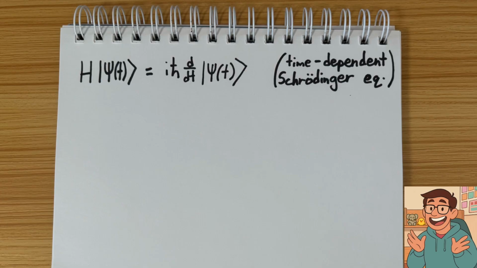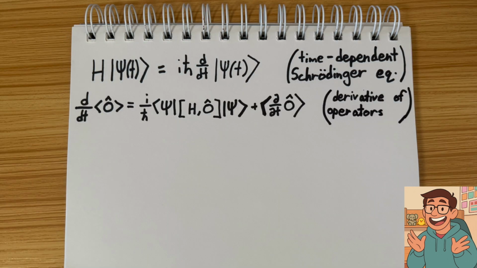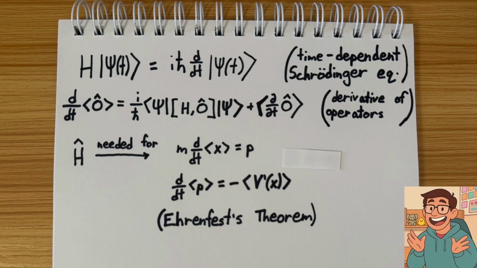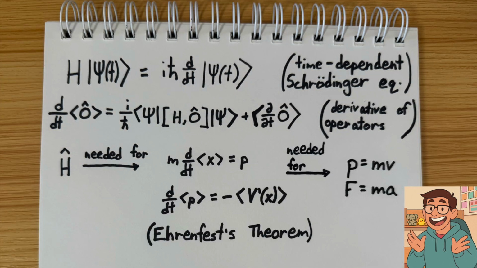The Hamiltonian shows up in a bunch of crucially important quantum equations, such as the time-dependent Schrödinger equation and the derivative of operators. The Hamiltonian is also used as a stepping stone in deriving a huge number of equations, such as Ehrenfest's theorem. It's a quantum equation that actually explains the origin of momentum equals mass times velocity and force equals mass times acceleration.